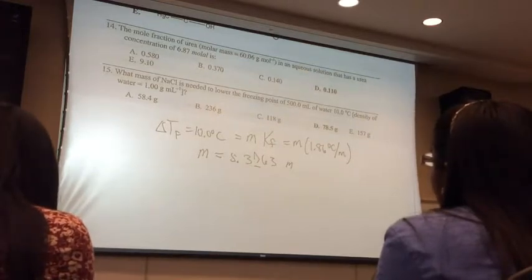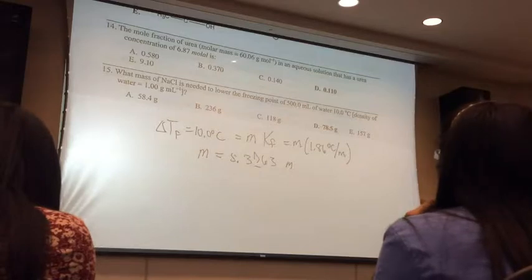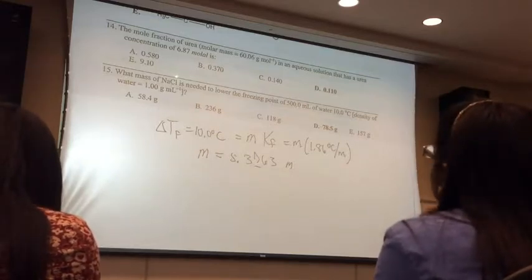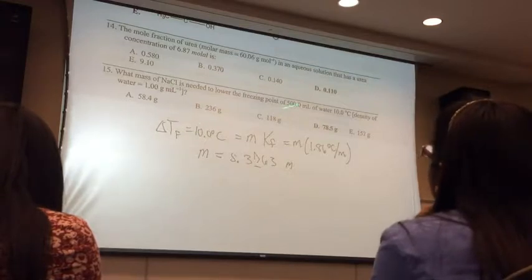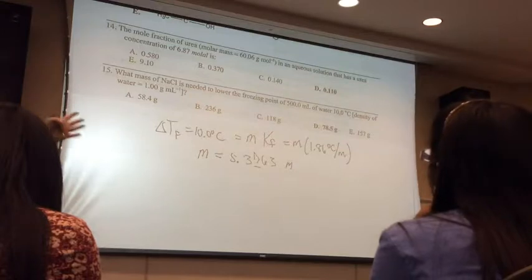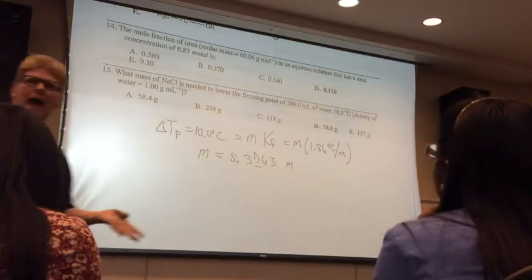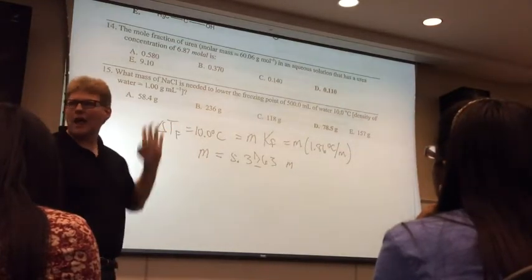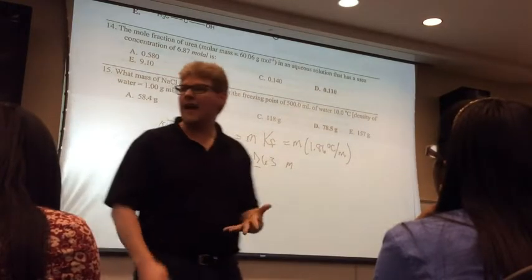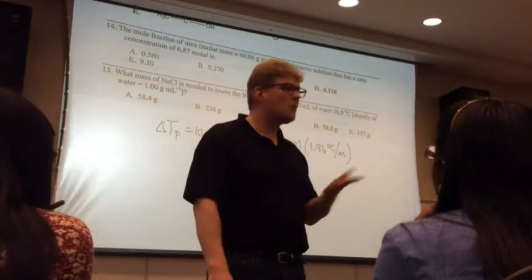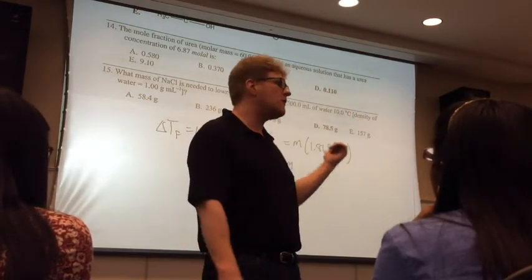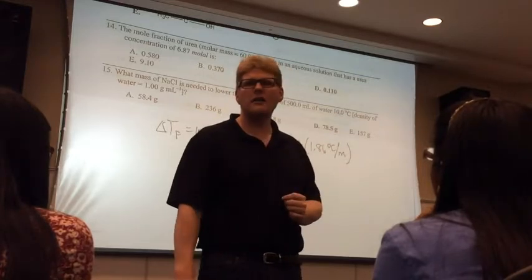Now, this is the actual concentration. We weren't told that we made up a 4 molal solution and that this is the actual molality calculated. So what are we going to assume the van't Hoff factor is for sodium chloride? 2.